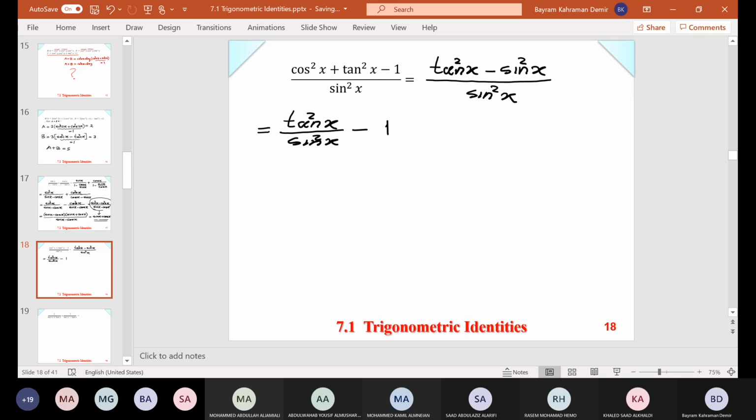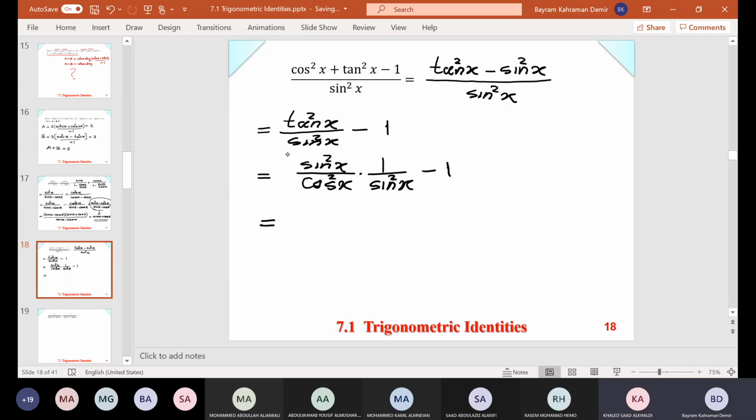Now let's write the tangent squared: tangent squared is sine squared over cosine squared x. And now you are dividing by sine squared, so that means you are multiplying by sine squared. Minus 1.